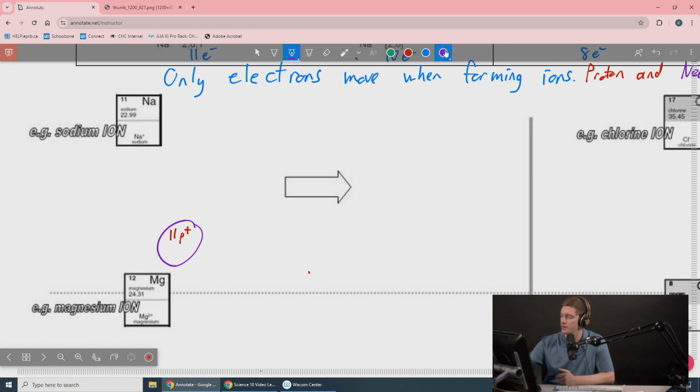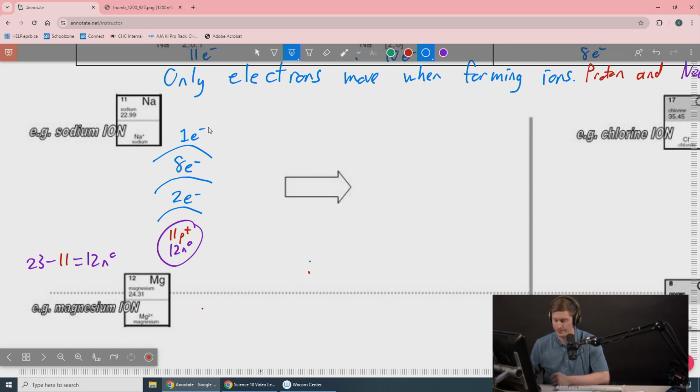And then if we take our atomic mass, 23, subtract our atomic number 11, we've got 12 neutrons in this nucleus. We've got 11 electrons to place. For sodium, we can put 2 in the first energy level, 8 in the second, and that leaves us with 1 to put in the third energy level.